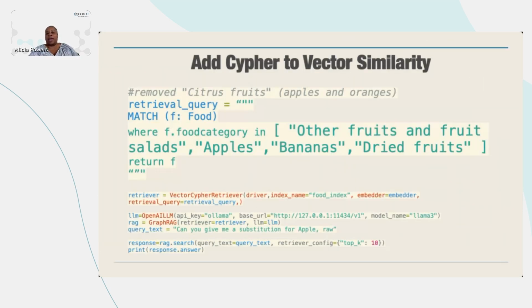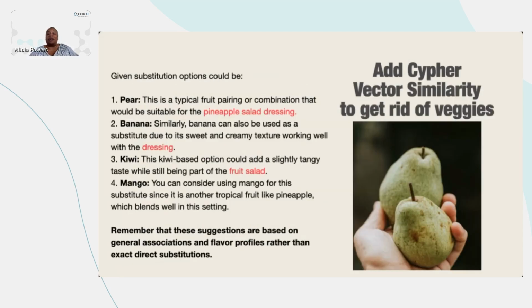So then I went back and I started to add Cypher to the query. So instead of allowing it to be all foods, I just specified just give me other fruits, apples, bananas, dried fruits, nothing else. And once I added the Cypher query and I put it into the LLM, I started to get the results that I expected and actually wanted.